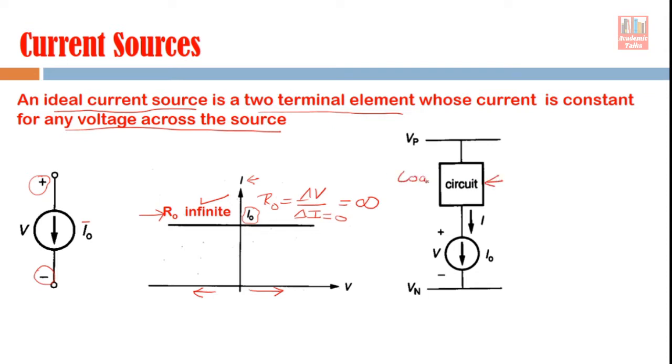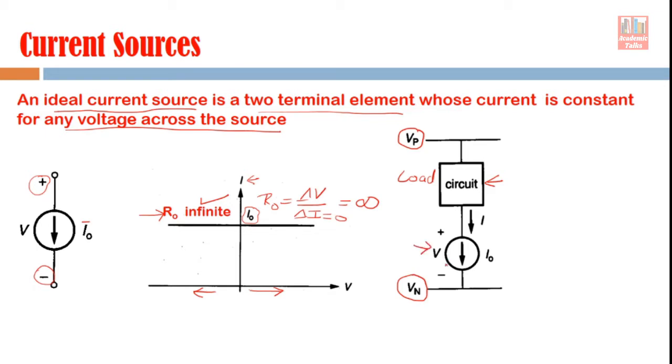It can be a single resistance or it can be some circuit. Whatever it is, that is your load, and load is connected with the source in series. You see, connections are like this, and two potentials are shown here. One is the most positive voltage Vp, and one is the most negative potential Vn. So, here you see this is your source.